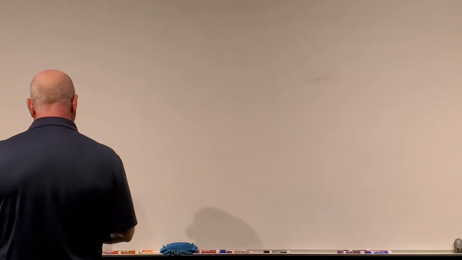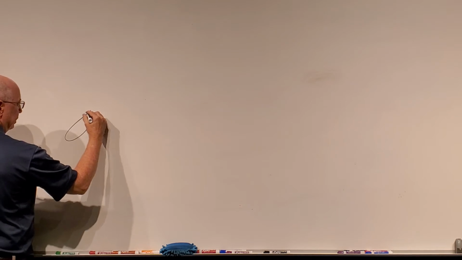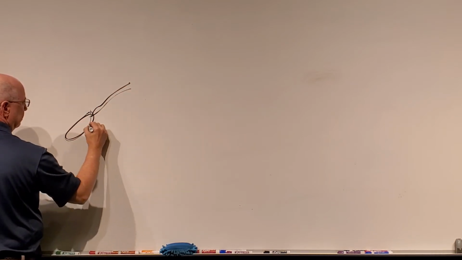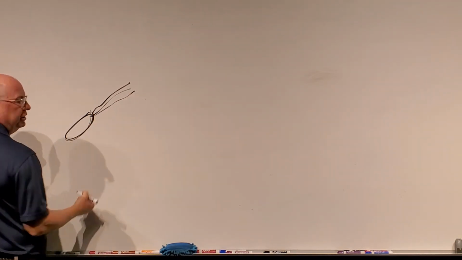Now, if we were to look at a bacterium that has a flagellum sticking off of it, or more, we're going to look at a single flagellum, but I'll draw this one with a bunch.